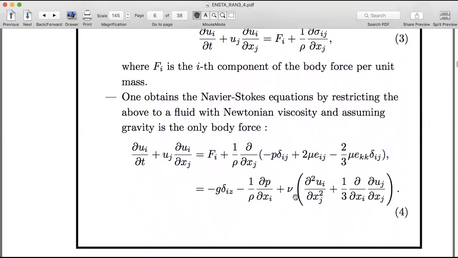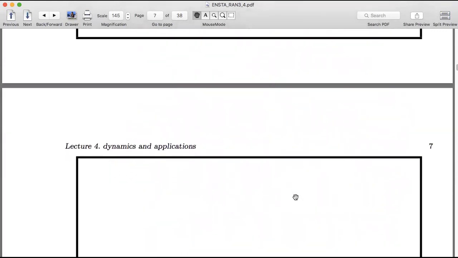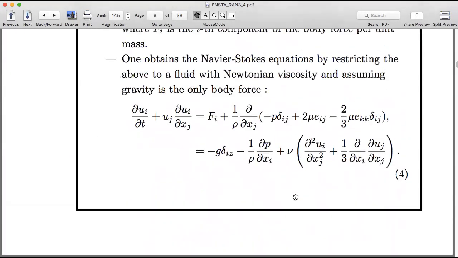And we then derived the Navier-Stokes equations, or the Navier-Stokes equation. So this equation 4 here is the governing equation in Newtonian fluid mechanics.